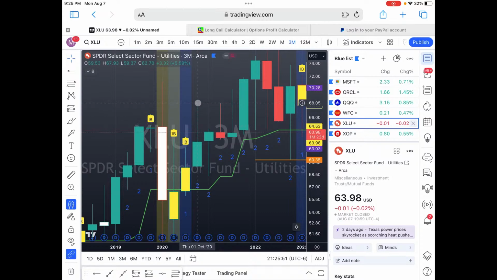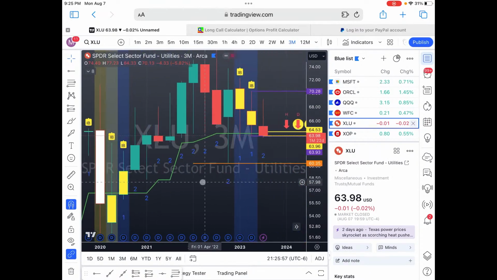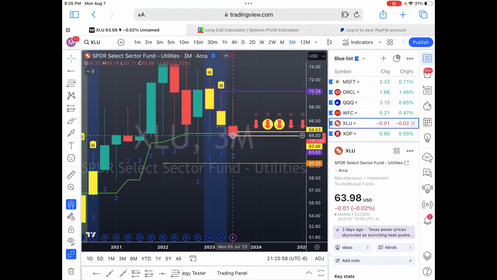And we had this big run up, okay? So a nice run off of the double inside bar. We have the same thing again, and we've already trended to the downside. So we've already broken the trigger on that 3-month. So we can look at those higher time frames to see where the buyers are, where the sellers are, how a stock is doing.